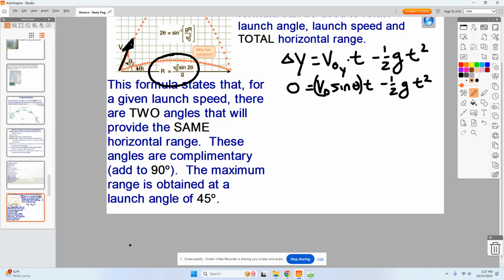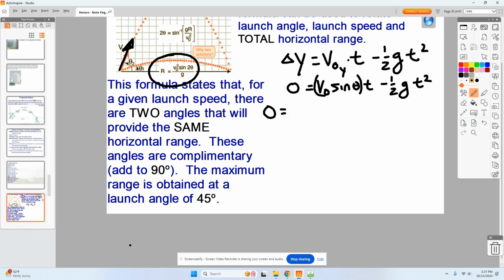Why might I factor that by pulling out a common t? What would be the value of factoring that? I see that there's a t in each term. Now I'm going to pull out a common t, factor it. What's the value of that, Xavier? Let me write it down, and I'm going to go back to you.